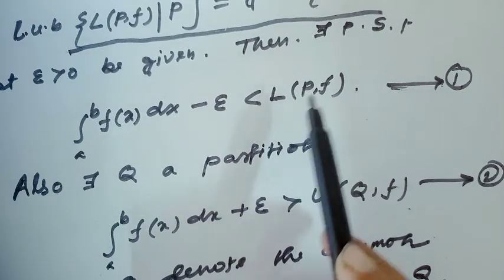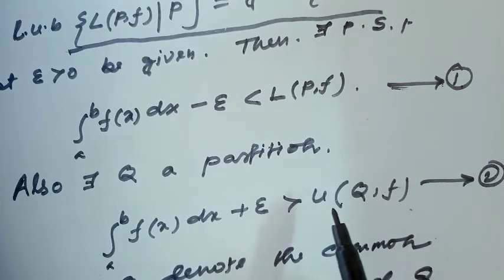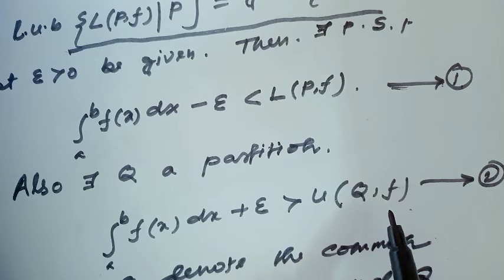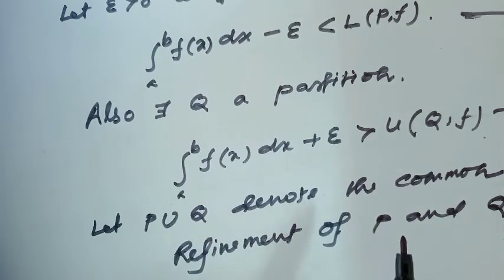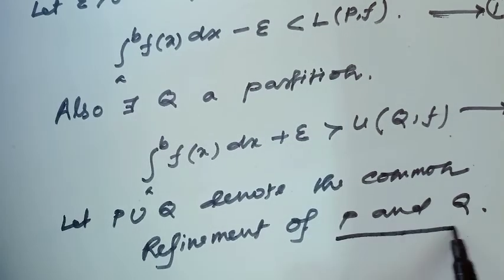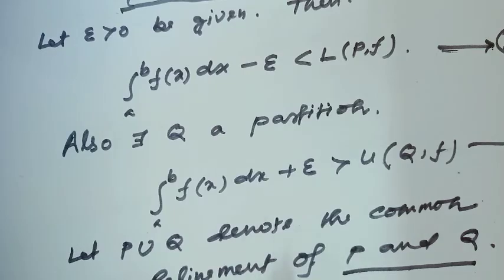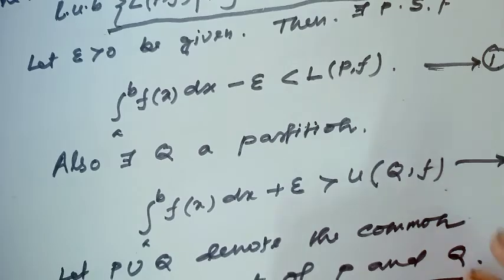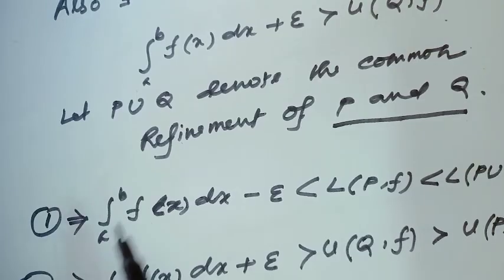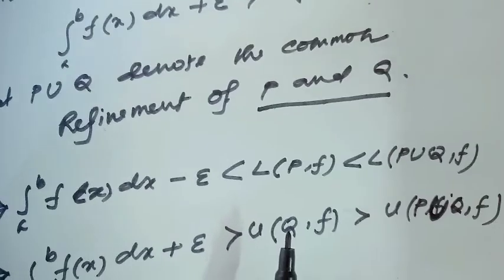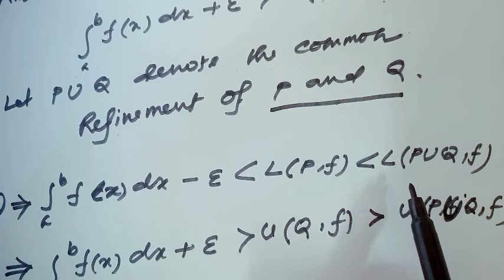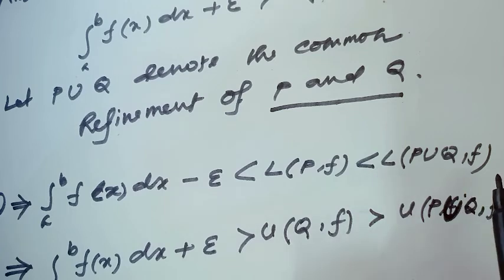And since here I have defined partition P and here also defined partition Q, consider P union Q, which denotes the common refinement of P and Q. Since P union Q is the common refinement of P and Q, from 1 we can write integral a to b f(x) dx minus epsilon is less than L(P, f) and L(P, f) is less than L(P union Q, f).